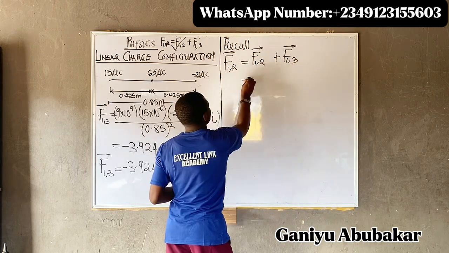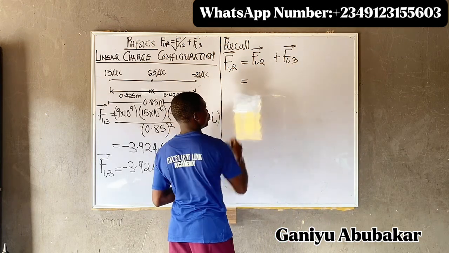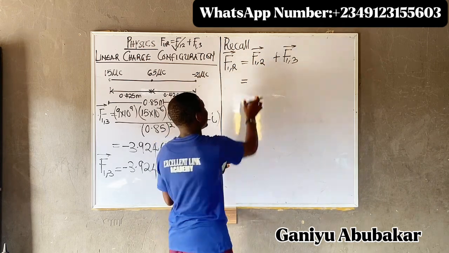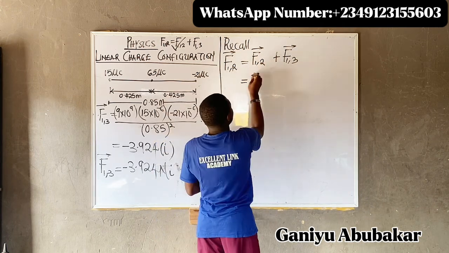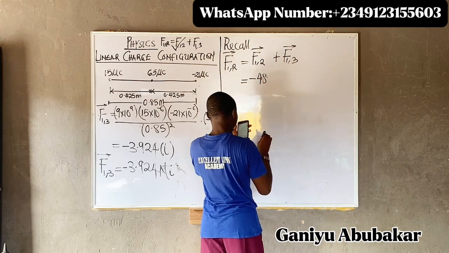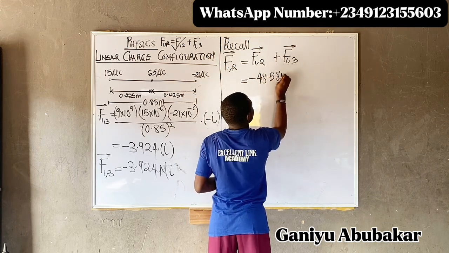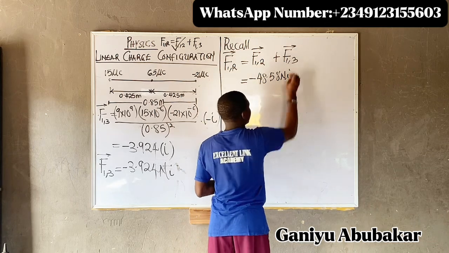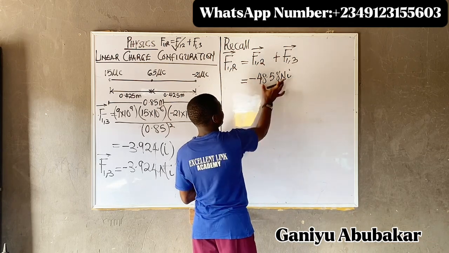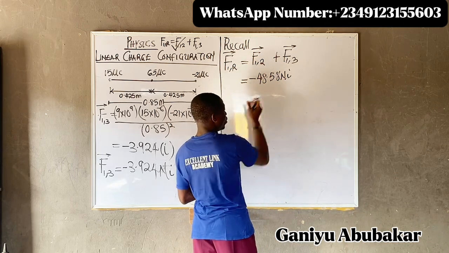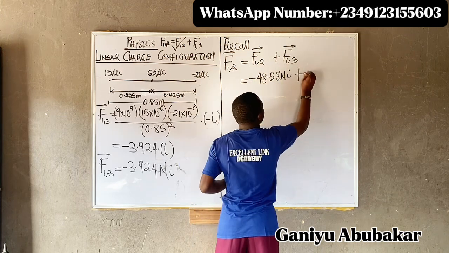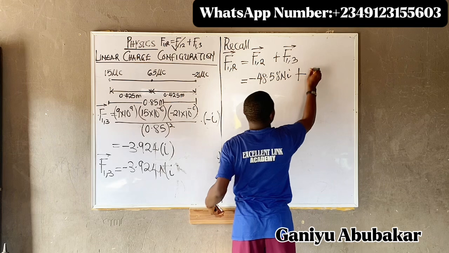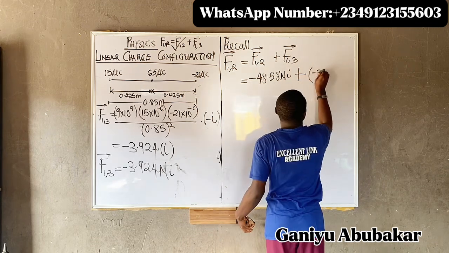If you take time to check your note, the value for F12 was minus 48.58 Newton i. Check your previous note. You see this plus this one here. I have not cleaned the board, I have it here. So put inside the value there, minus what?